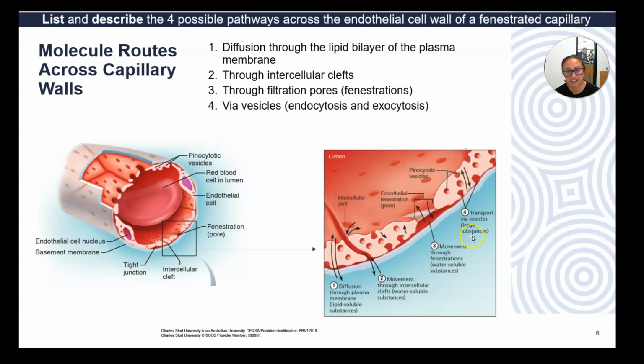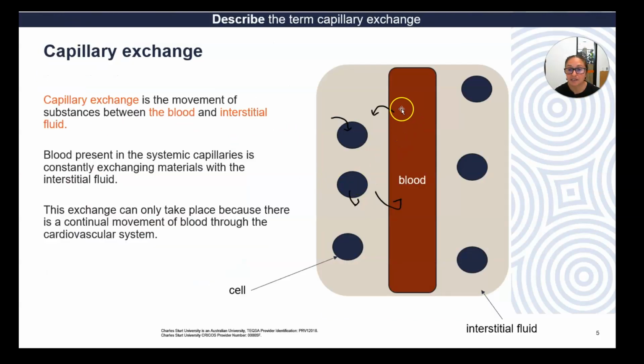Essentially, you're grabbing things from the blood, putting them into a little plasma membrane vesicle and shipping them to the next side, and then we're opening up our plasma membrane vesicle and the stuff spills out. Happy days. So there's a variety of ways that we can get things from here to here.